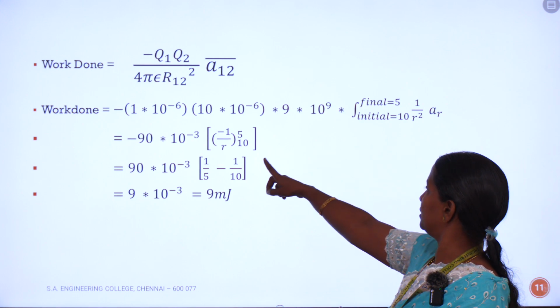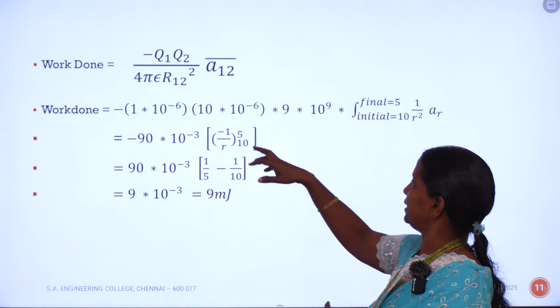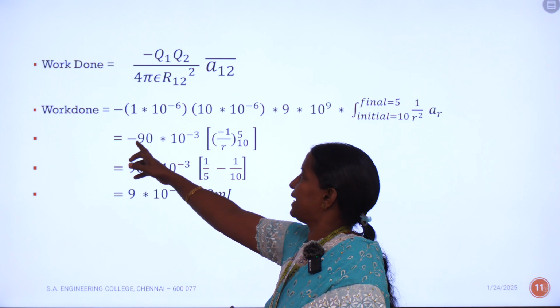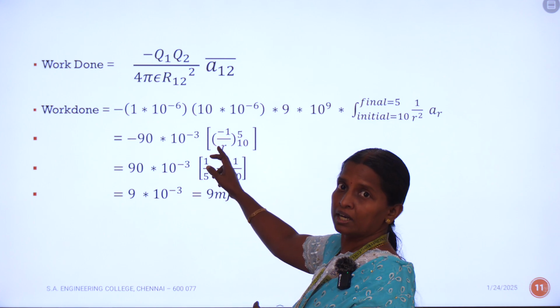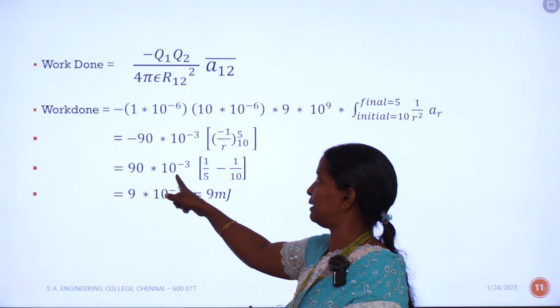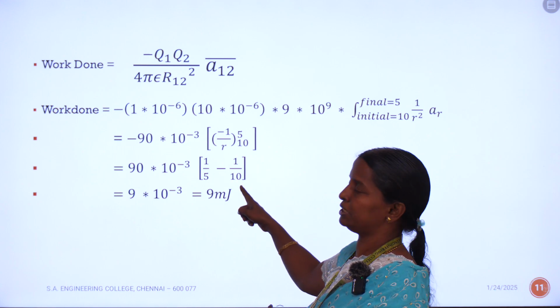So using that formula, we will get minus 1 by r, and then substitute the limits from 10 to 5. Here we are having the minus in the formula already, and here we are having minus 1 by r. After integration, this minus and minus will become plus. So 9 into 10 power minus 3, 1 by upper limit minus lower limit.